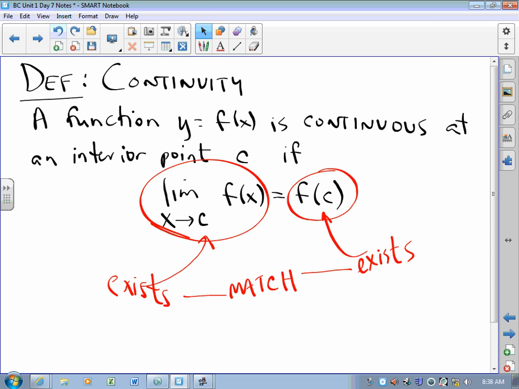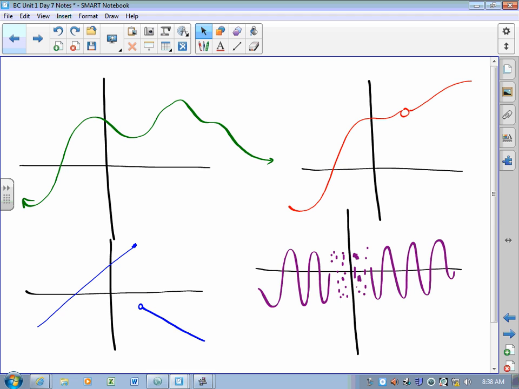So back to that other slide. Why is the red function discontinuous? Well, here's my point C. Does the limit as x approaches C exist? Sure it does. Does the function exist there? No. And even if the function existed here, then we would have a limit and a function value, but they wouldn't match.